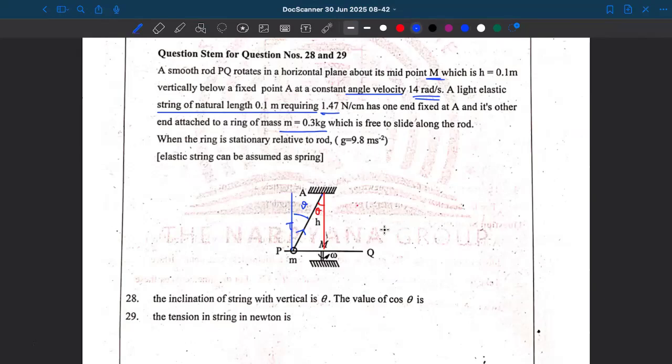And you have different observations here. This is mg. What else do you have? mg. And remember, this will exert a normal reaction force N on the rod. Correct? Look, the tension is actually in this direction. So T cos theta is a component, and here T sin theta is a component. So first, T cos theta plus N is equal to mg.